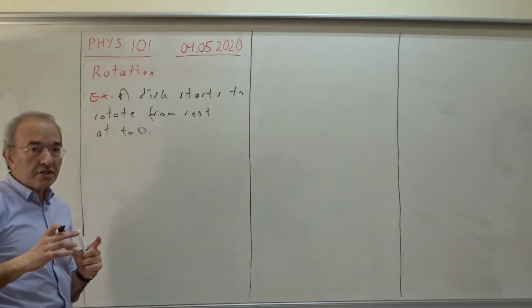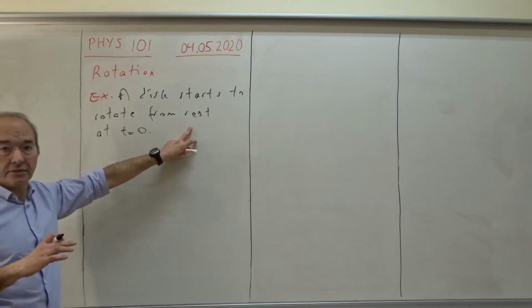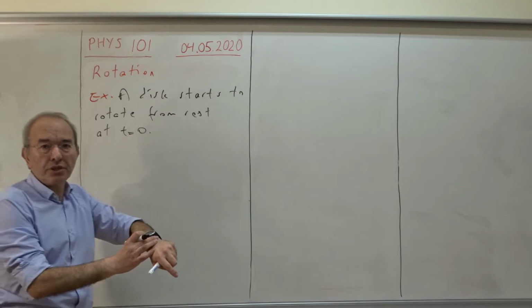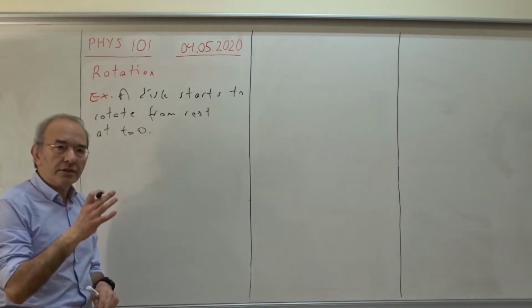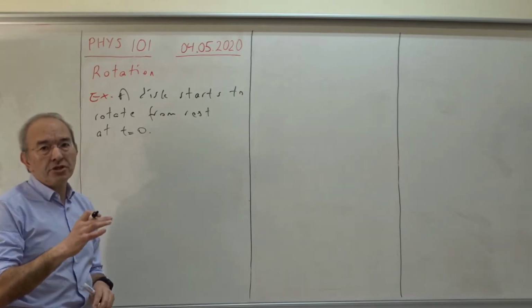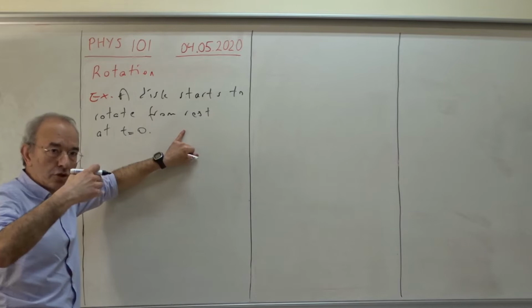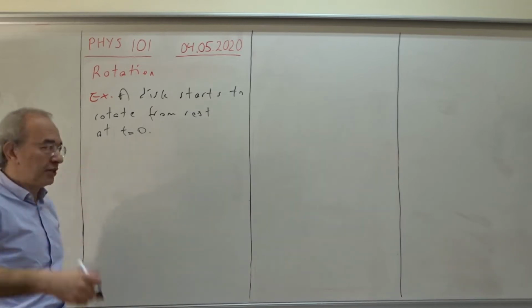Let's say we have a disk that starts to rotate from rest, so initial speed is 0, at time 0. So we start our chronometer at any time we like, as already said. So we start the time at time 0, and then the disk starts to turn. At the beginning it has some acceleration, so it will get faster and faster.